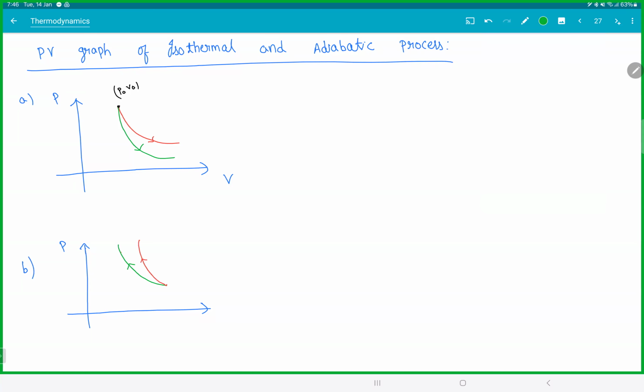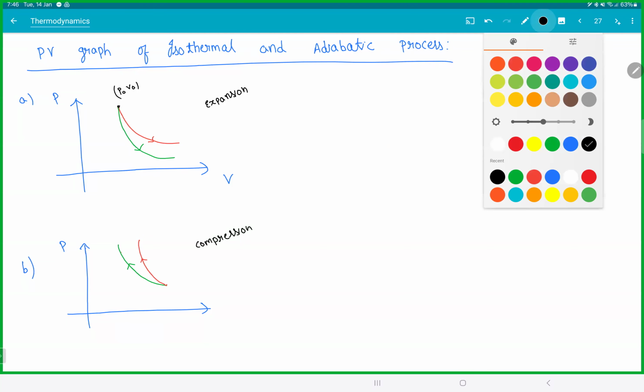Now, which one is adiabatic and which is isothermal? These are expansions, gas is expanding. These are compressions. This is the problem. They both look alike; if I draw only one of them, you can't tell whether it is adiabatic or isothermal.